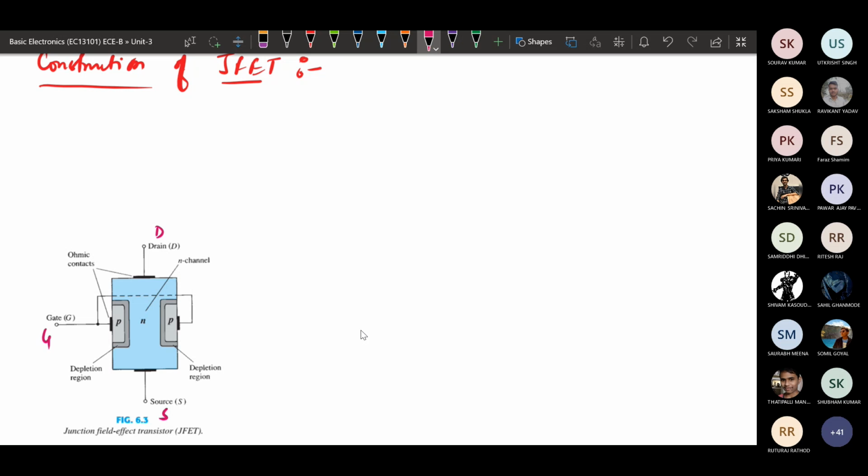Also, it is constructed on an n-type semiconductor, on which we will be diffusing two p-type regions.